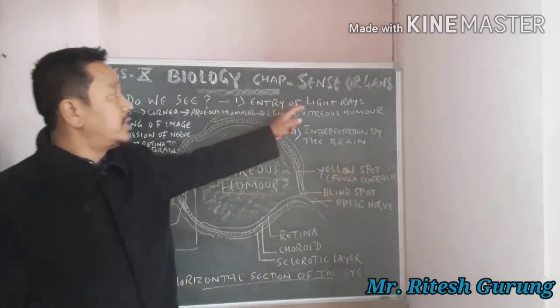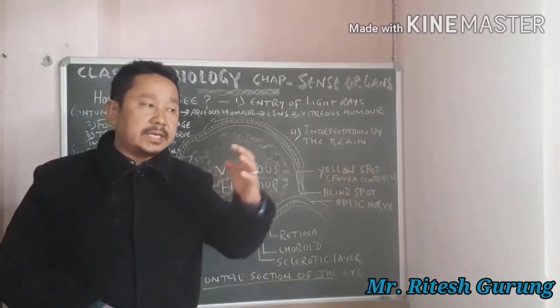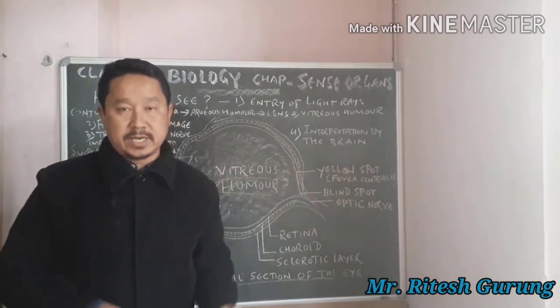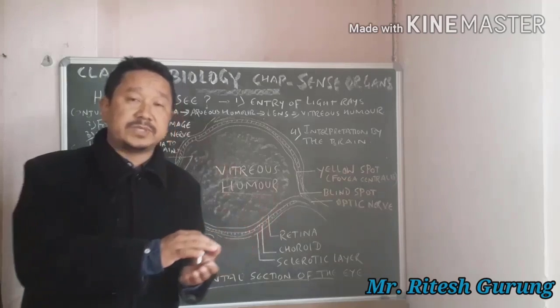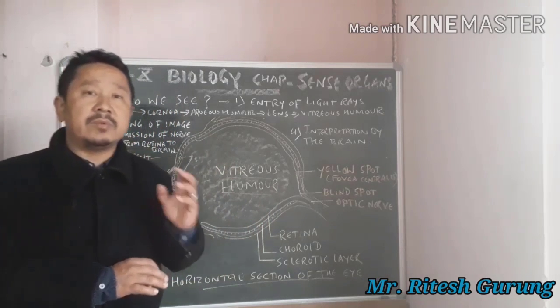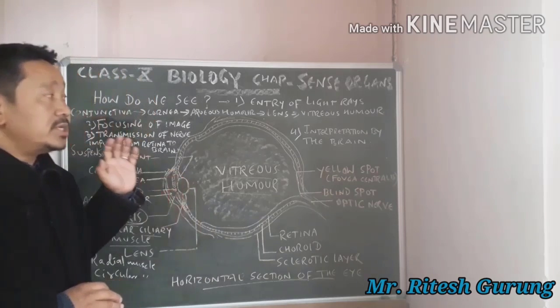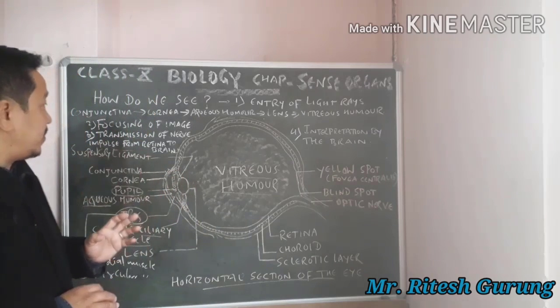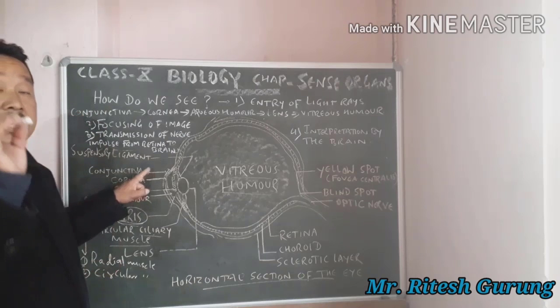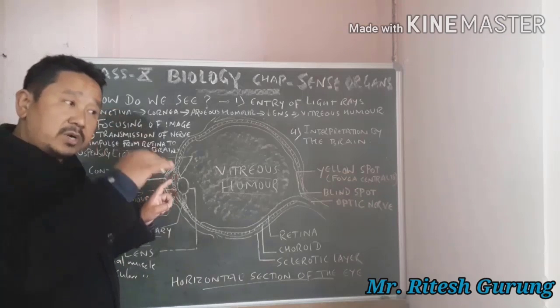See, entry of light rays, that means light from an object, that means whatever object you are looking at. Light from that object passes through a number of transparent structures of the eye, which we have discussed before. Like the conjunctiva, which is a thin membrane covering the frontal part of the eye.